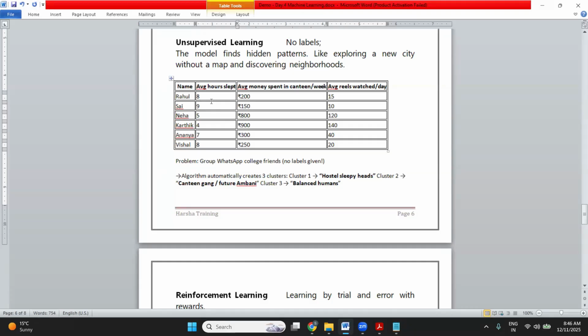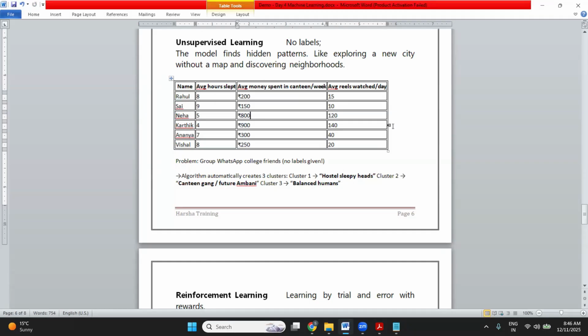Like for example, if a person is sleeping an average of 8 hours, spending some X amount in the canteen, and watching social media for an average of 15 hours, it will try to understand the pattern of this particular guy. Similarly, all the other patterns the machine learning algorithm will search, and they will categorize these guys into different groups. For example, say Rahul and Neha belong to one category, Sai and Ananya belong to another category.